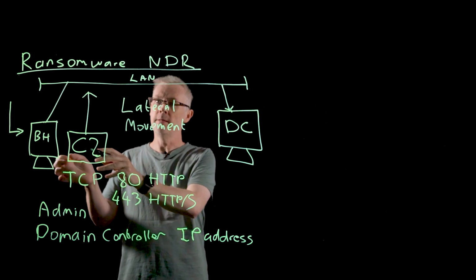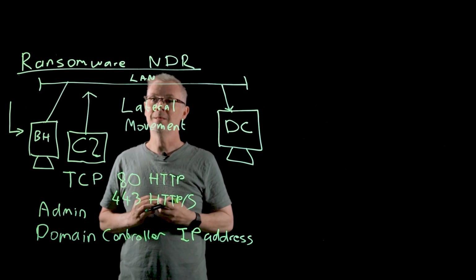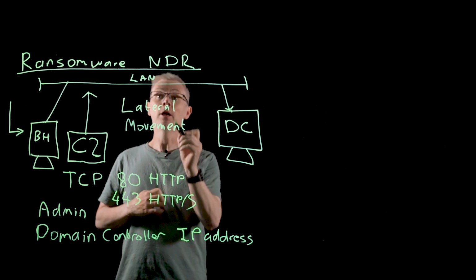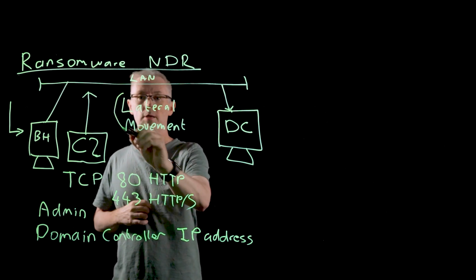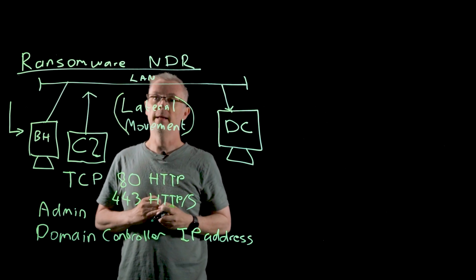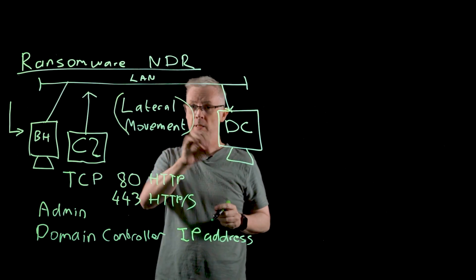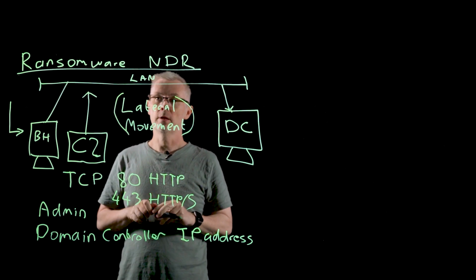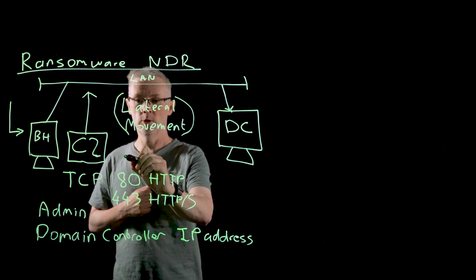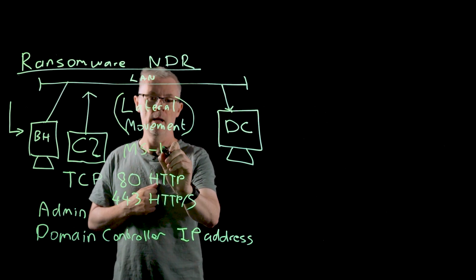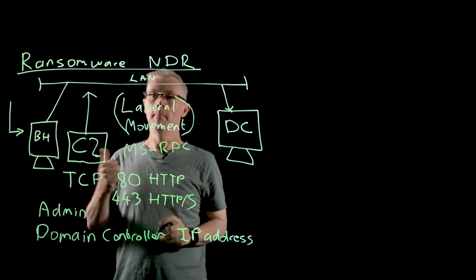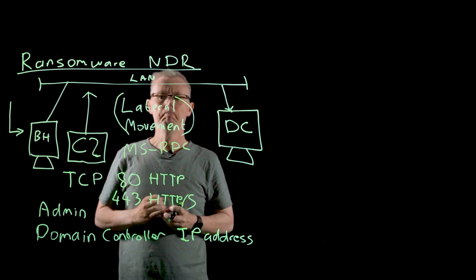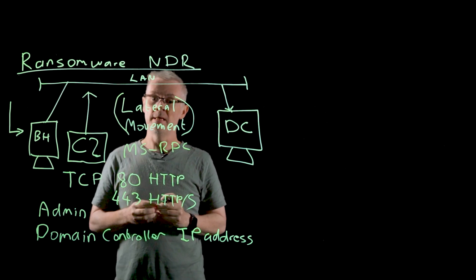So nowadays, the data that goes across these networks is encrypted as a default, including the information that happens inside lateral movement. Most lateral movement on networks nowadays goes across a Microsoft protocol which we call MSRPC, Microsoft Remote Procedure Call. And this is encrypted as a default.